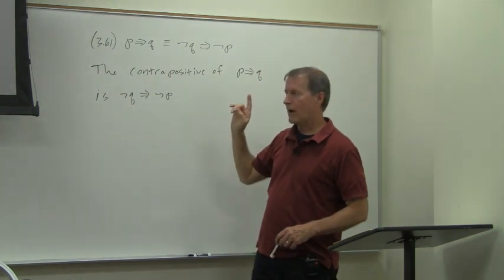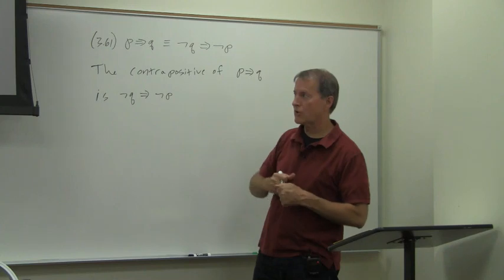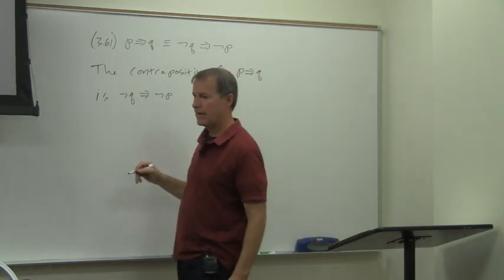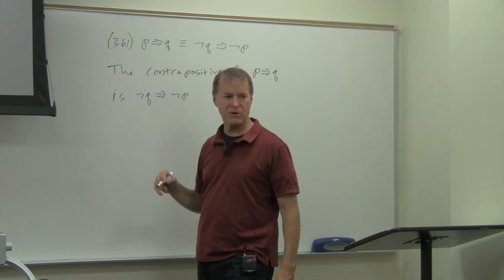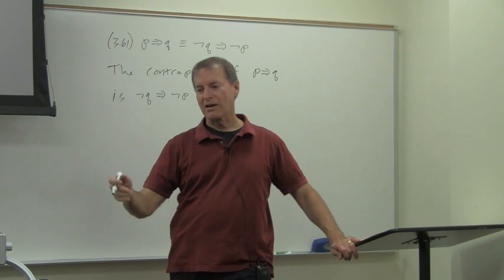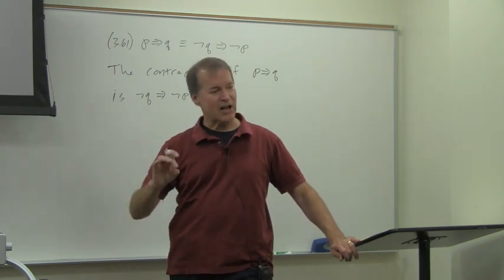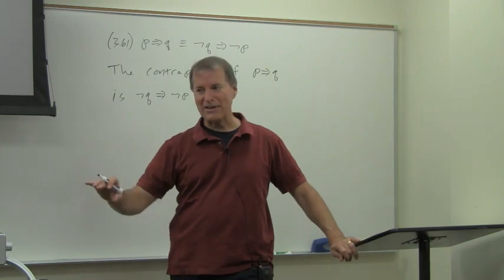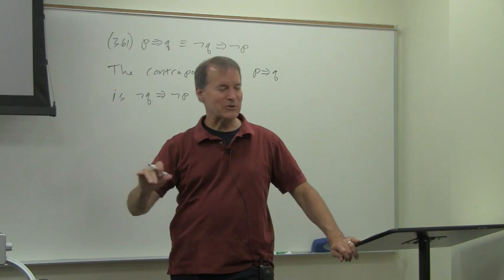Now, our author doesn't make a big deal out of this next term, but you should know it because it's very common. And it's called the converse. In English you say blah blah blah. Conversely, blah blah blah. But converse, colloquially in English, is very loosey-goosey.